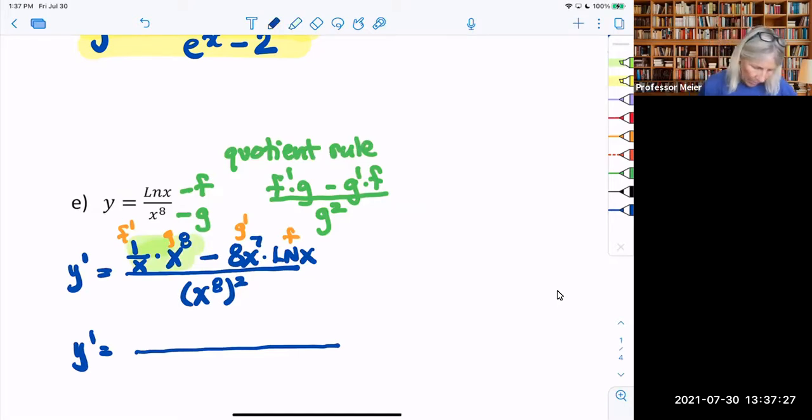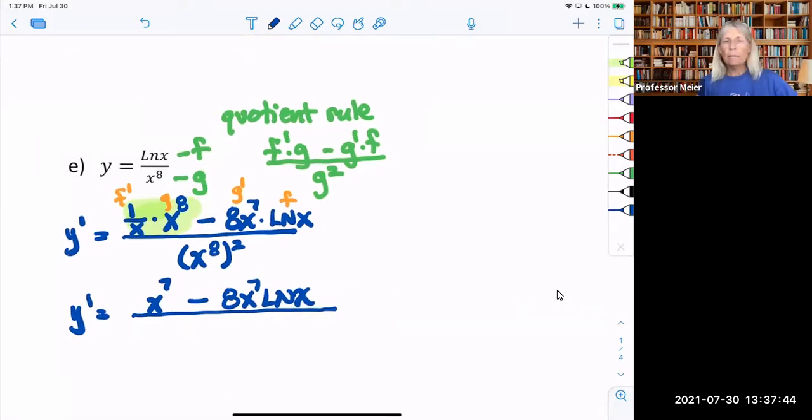And so we end up with just x to the 7th there, right? Because that x on the bottom cancels one of the x's with the x to the 8th. Minus, well, nothing we can do with the second part, 8x to the 7th log of x. On the denominator, when you square x to the 8th, 2 times 8, 16. So I get x to the 16th.